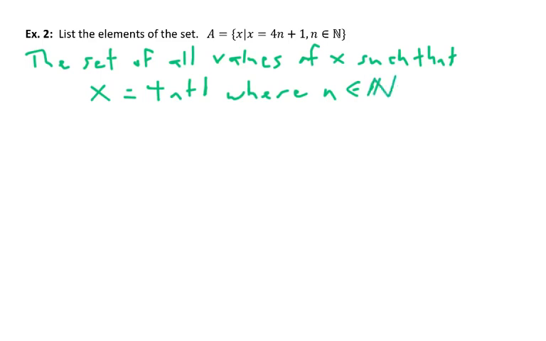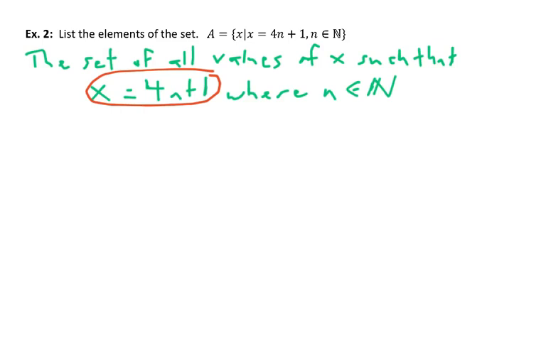So the idea here basically is you pick a natural number for n, you plug it into that formula, x is equal to 4n plus 1, and it will generate the values of x that actually end up in the set.